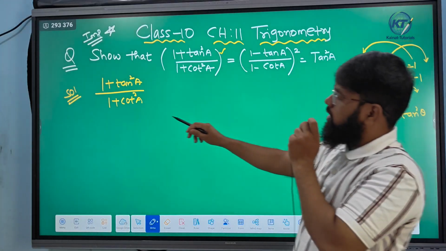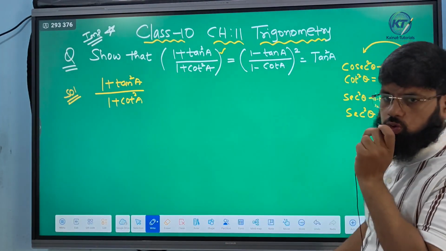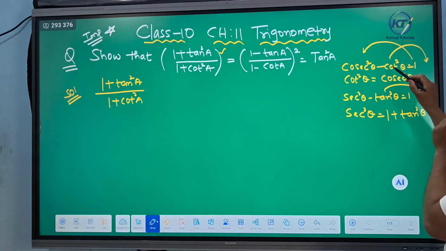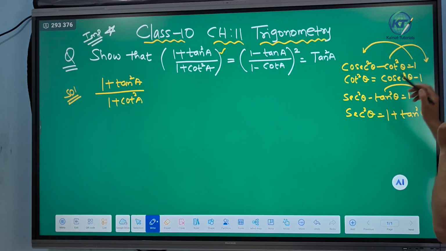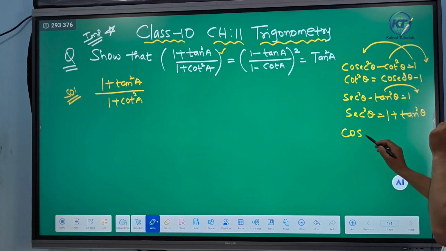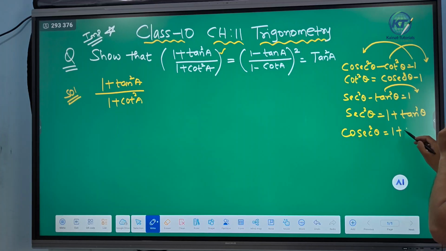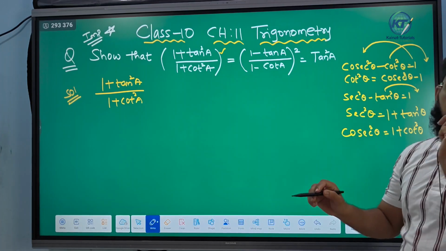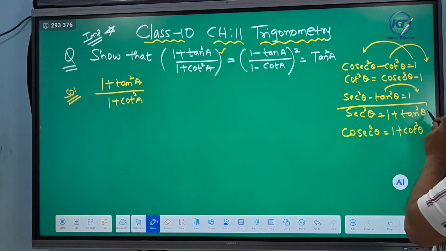And here you need 1 plus cot square theta. If you want 1 plus cot square theta, simply cot square theta you will transpose that side. You are going to get cosecant square theta is equal to 1 plus cot square theta. Am I clear, everyone? So these two identities will help you.